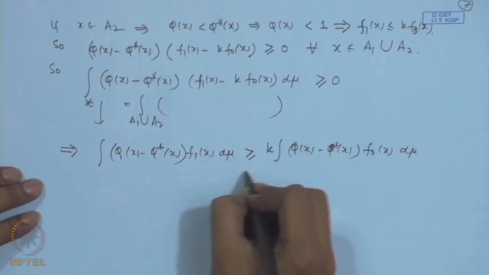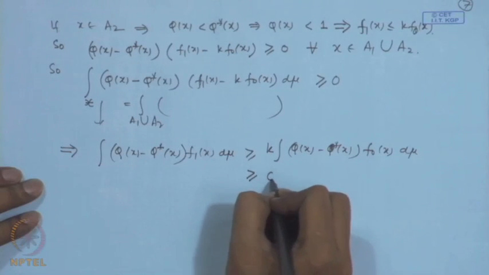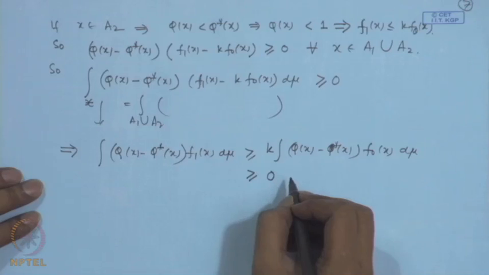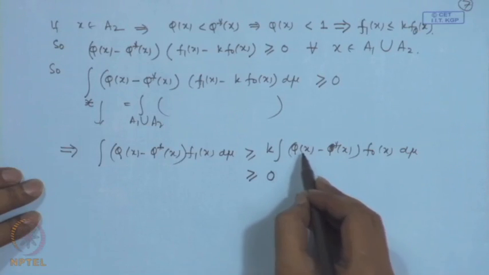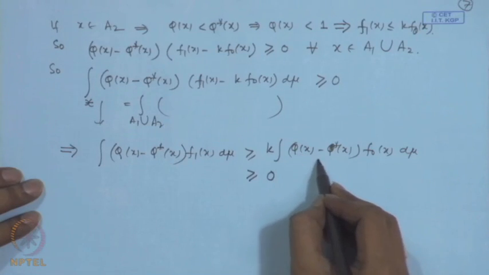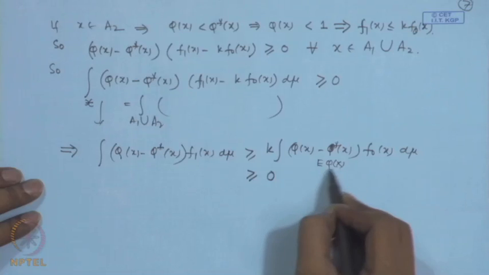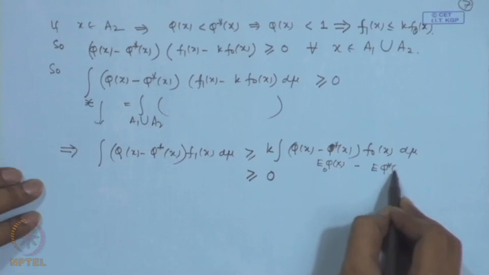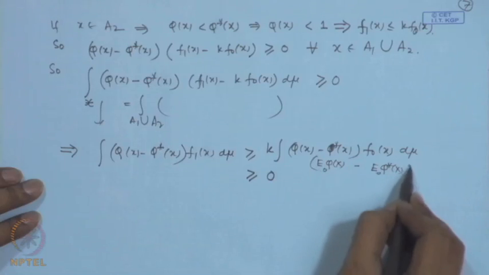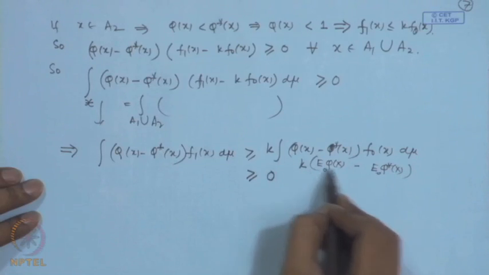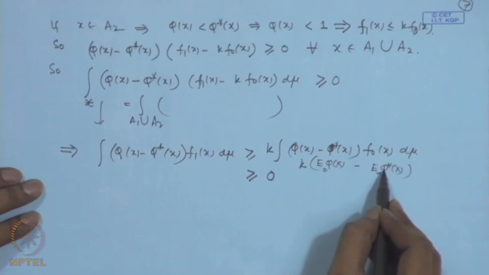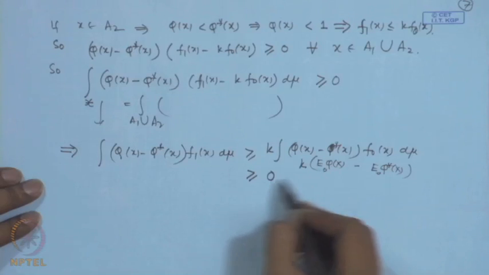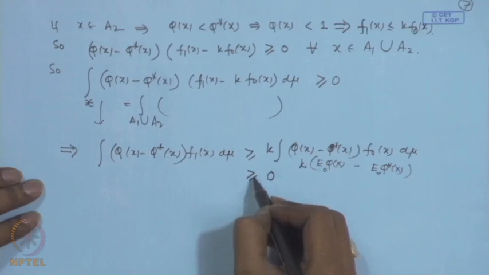Now, this is actually greater than or equal to 0, because this is nothing but expectation of phi under h naught and this is expectation of phi star under h naught into k. So, we have assumed that this is less than or equal to alpha and this is equal to alpha. So, this will be greater than or equal to 0.